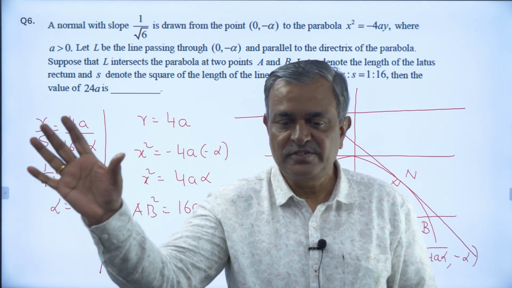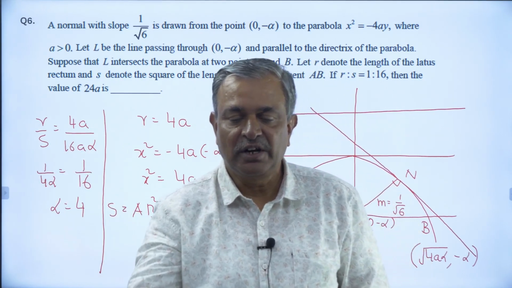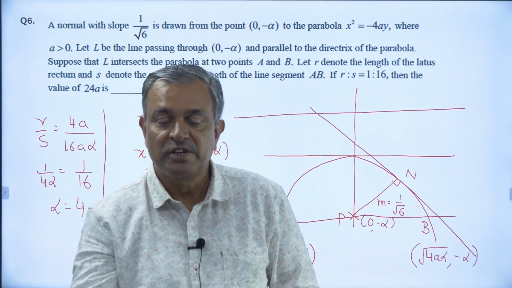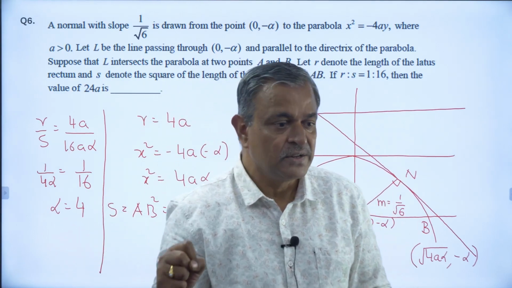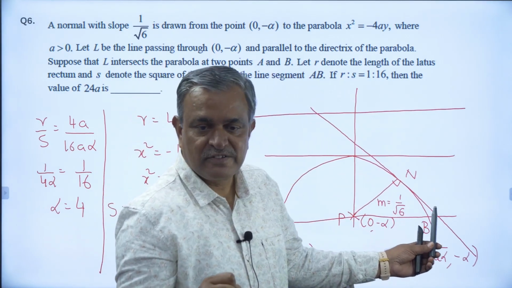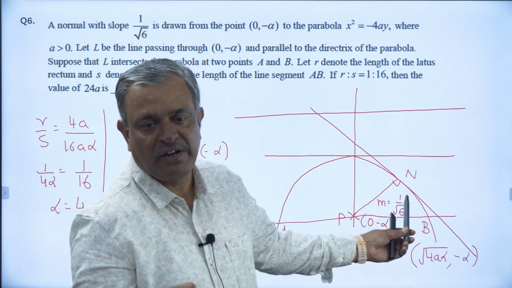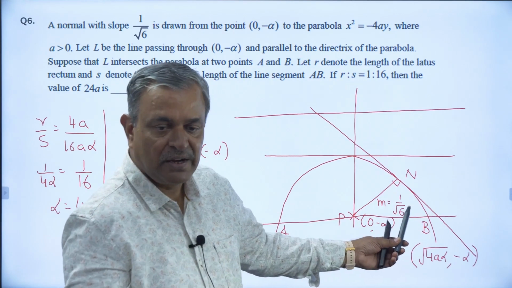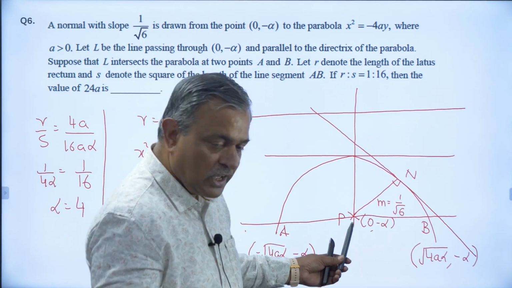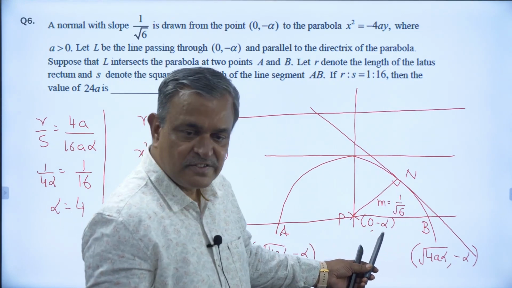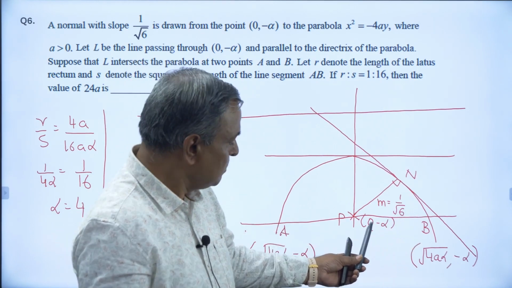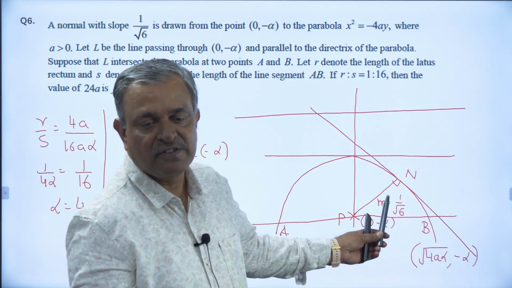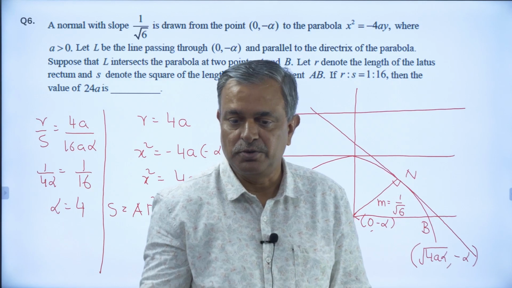Read the second sentence, write all the information. Read the third sentence, write all the information, and inbuilt information will be there. For example, if slope of normal is given, automatically find the point where the normal is there and the line equation. When the point is given, you draw the line equation, because the point 0 minus alpha is given, slope is also given to you.